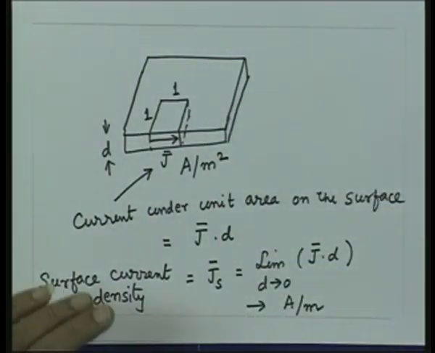So, now we overall have quantities like the charge density, which means volume charge density. We have a quantity like current density, which means conduction current density. We have a quantity like displacement current density. Then we have surface charge density, and then we have surface current density.